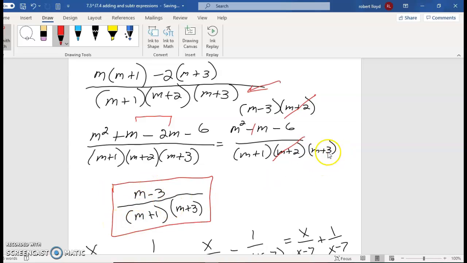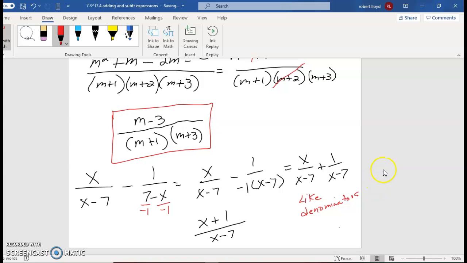And the last one, they give you a whole bunch of these starting about module 20 on the last section of ALEKS. So I got two denominators here, x minus 7 and 7 minus x. Well, these are the same except they're in the reverse order.